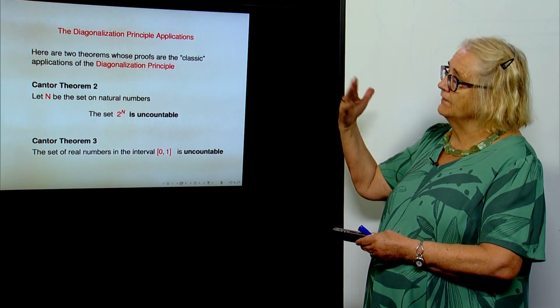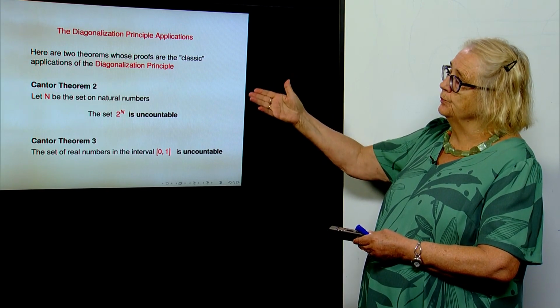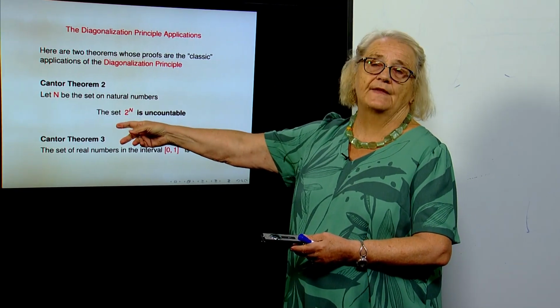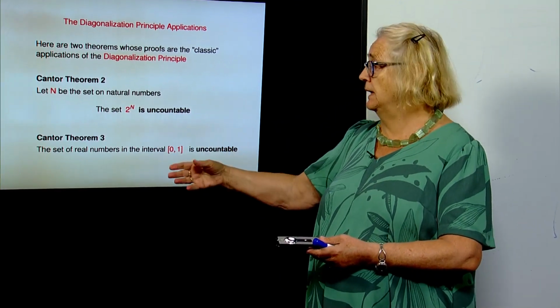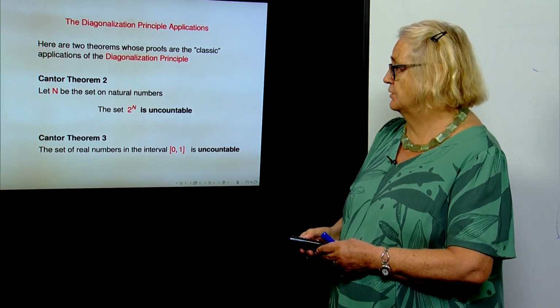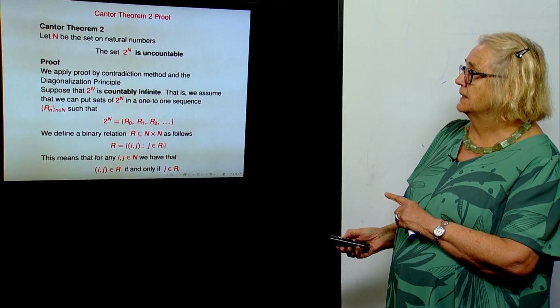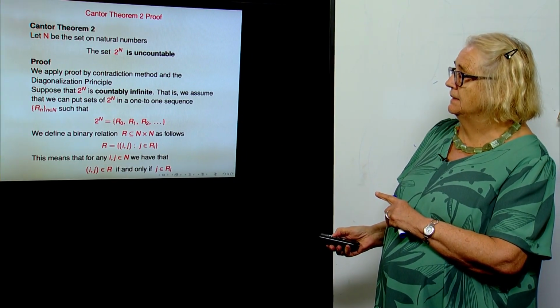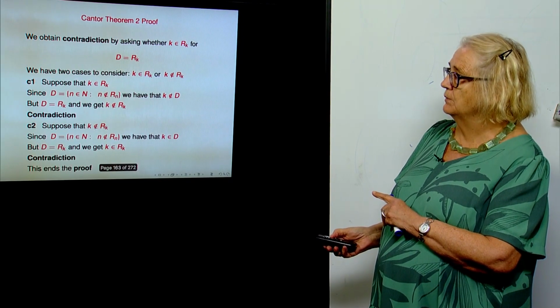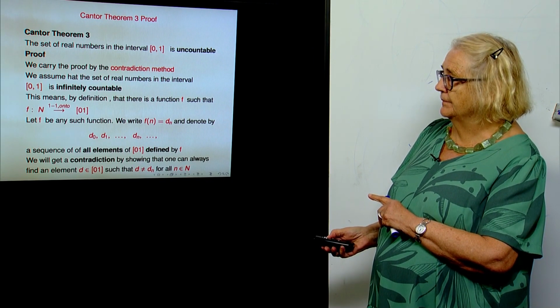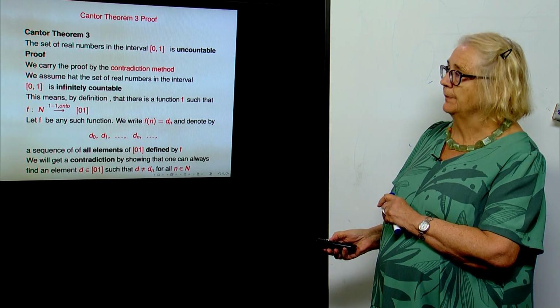And we use that diagonalization principle to prove that the set of all subsets of natural numbers is uncountable, and we prove that the interval 0, 1 is uncountable. And I will show you quickly the second one, which is a little bit simpler.